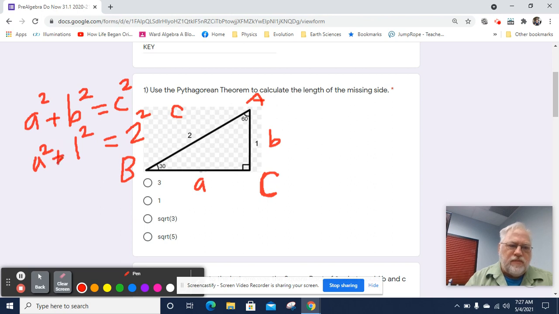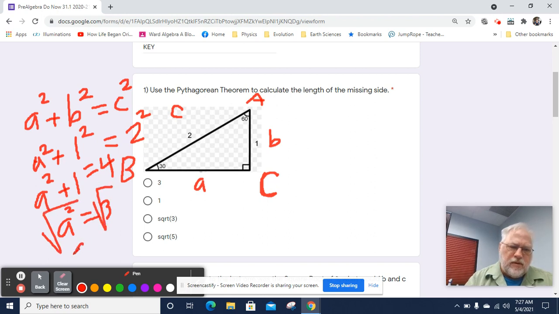Now that means that A squared plus 1 equals 4, and then we can subtract 1 from both sides, and A squared will now equal 3.